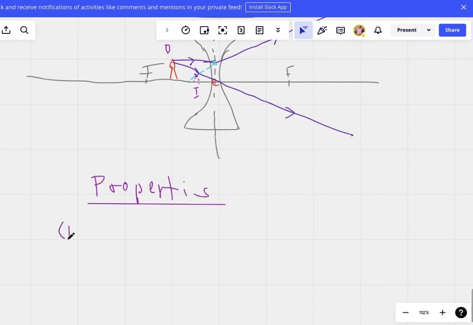So number one, we say the image is virtual, meaning it's not real. It's not real, okay? It's virtual. Cannot see it. Nothing is actually formed there. It's just calculations. The second one is that it's upright.